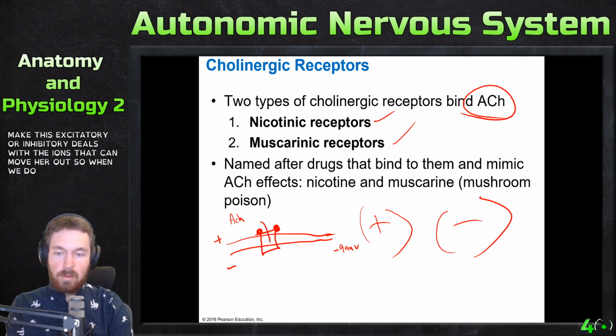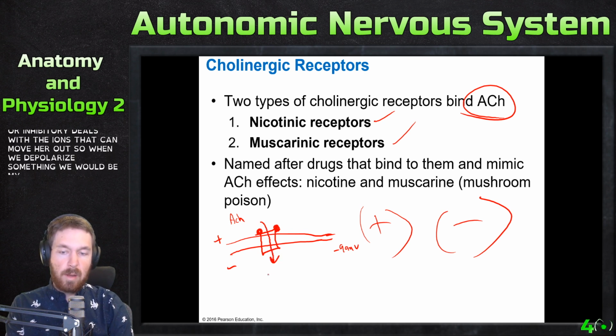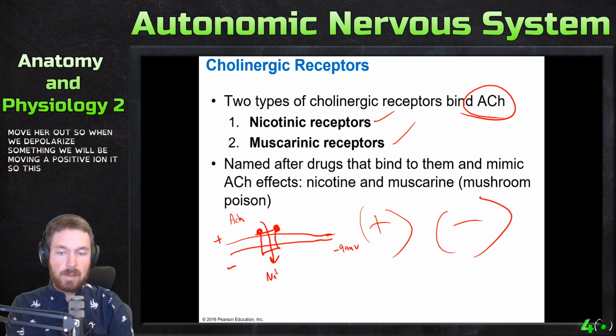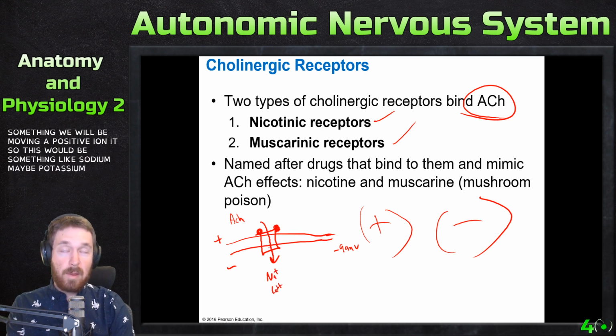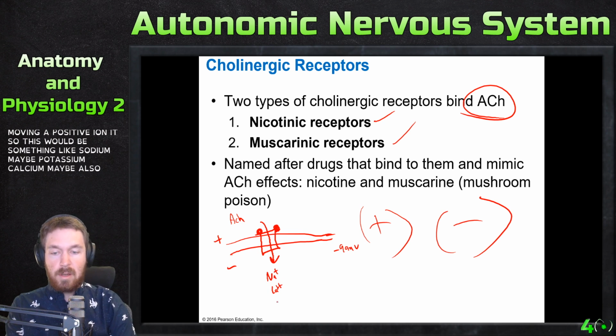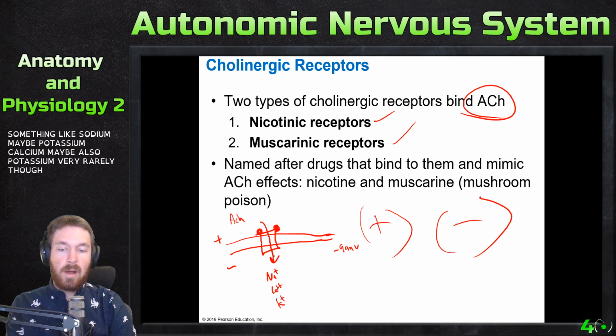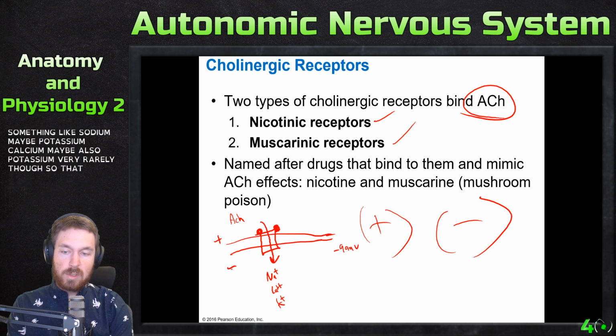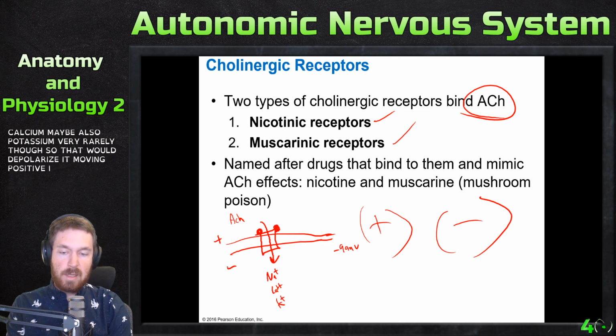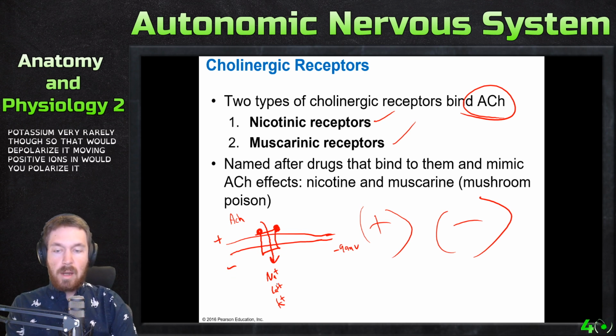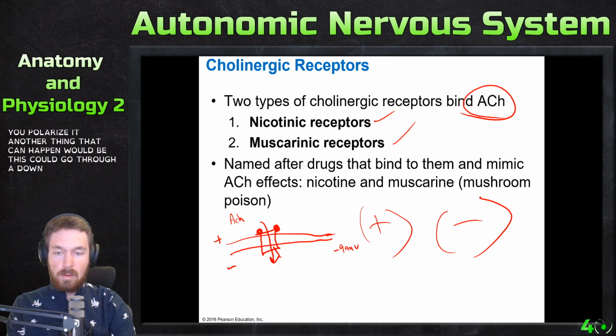So when we depolarize something, we would be moving a positive ion in. This would be something like sodium, calcium, maybe also potassium, very rarely though. So that would depolarize it. Moving positive ions in would depolarize it. Another thing that could happen is that this could release negative ions.